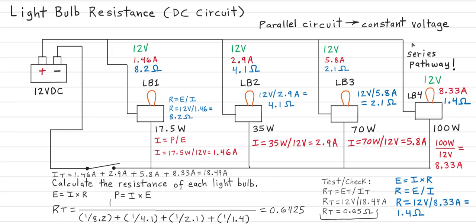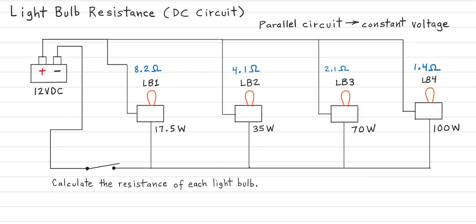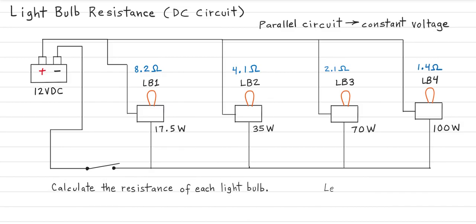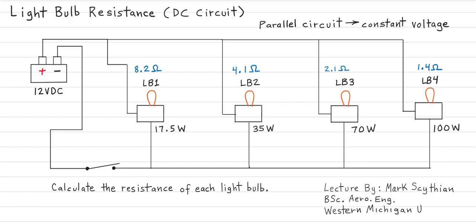So we've proven the resistance value at light bulb 4 is indeed 1.4 ohms. So now we can present the final schematic, and this would be certified information. So if you made any design or modifications to the product, you can then enter this in as the certified information.